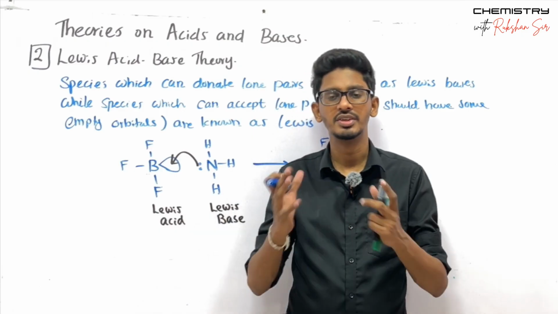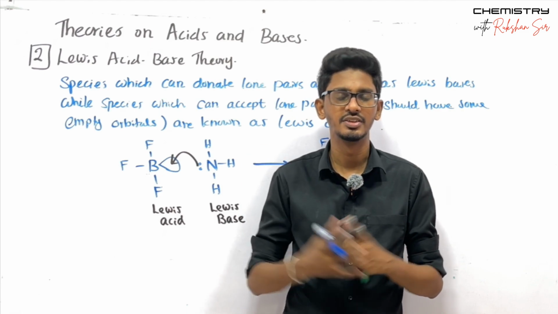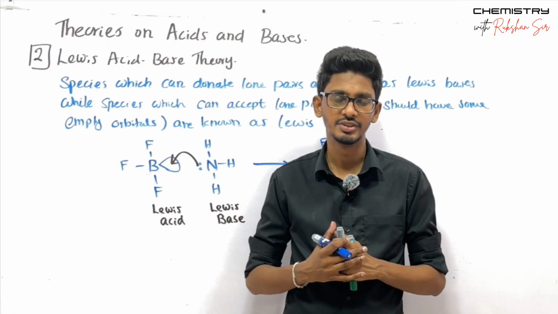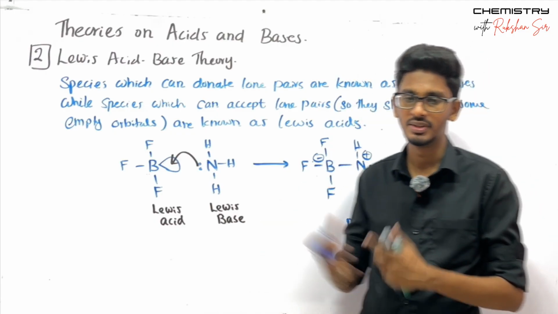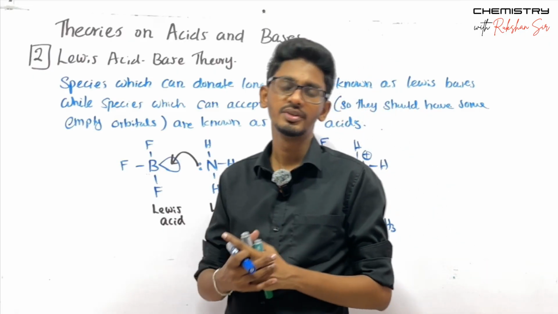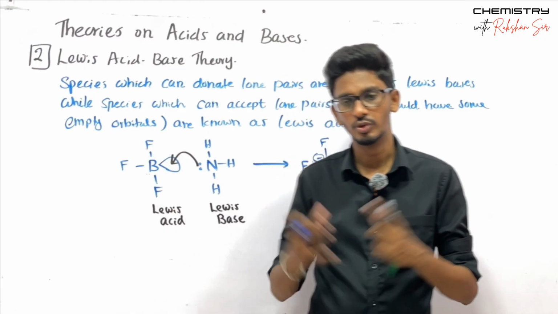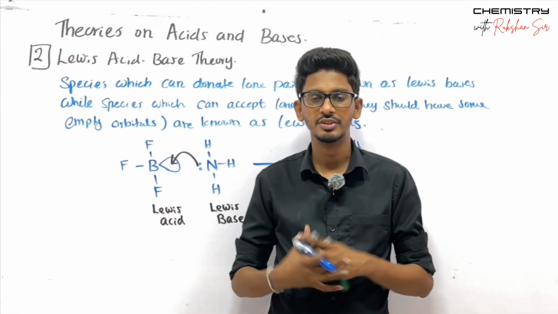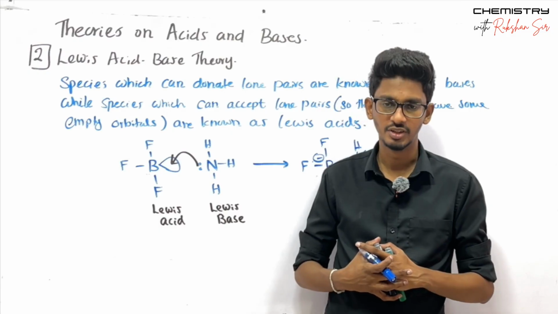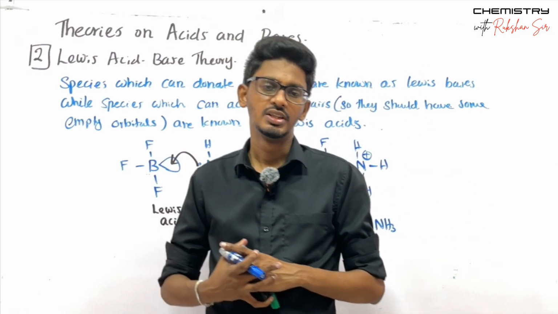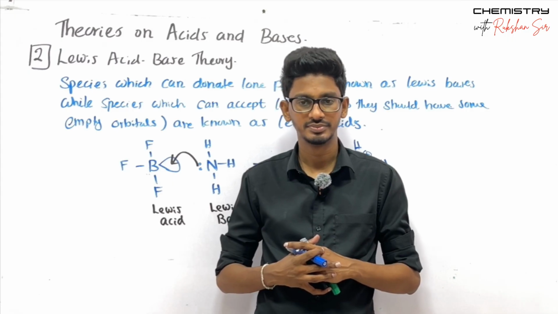So basic nature can be commented on with this theory, as well as the acidic nature of Lewis acids like AlCl3, BF3, and BeCl2, which have empty orbitals to accept lone pairs. Anhydrous zinc chloride is also a Lewis acid, used in organic chemistry as a catalyst. FeCl3 as well. Those are Lewis acids.